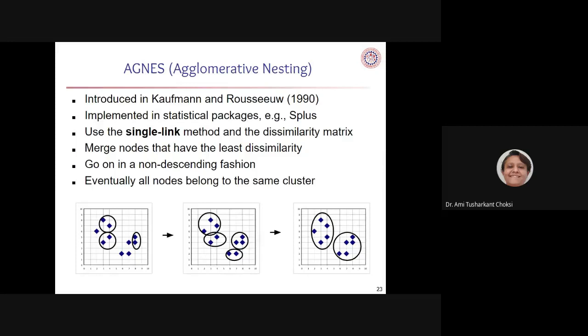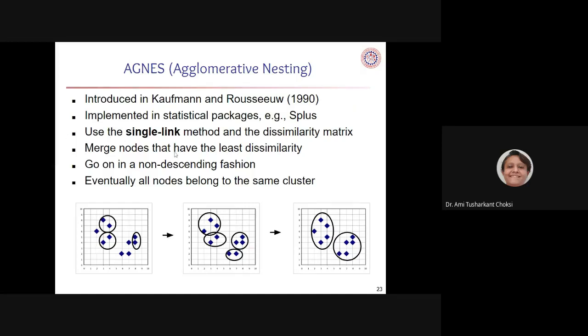So let us consider the agglomerative nesting. Fine. What is that? It was introduced by Kaufman and Rousseeuw, implemented in statistical packages, and that is why in Python or any other languages we used to include such packages. Fine.